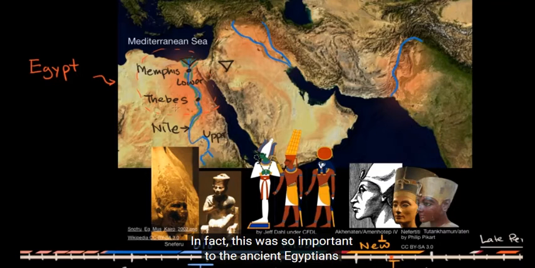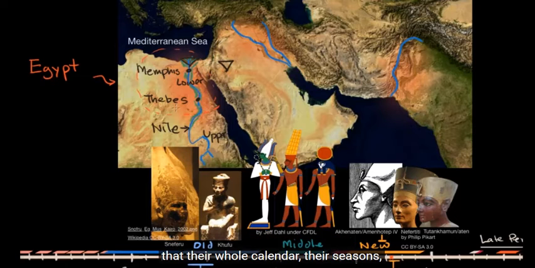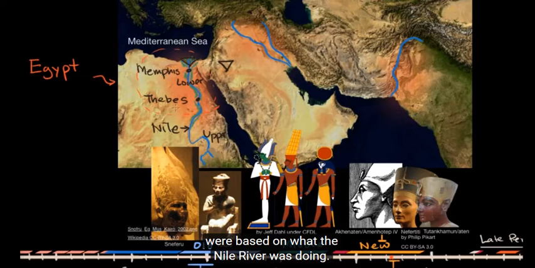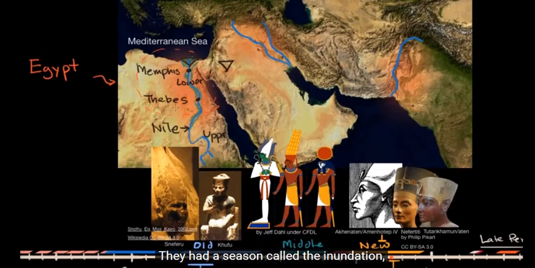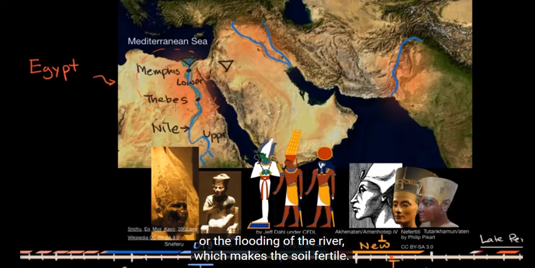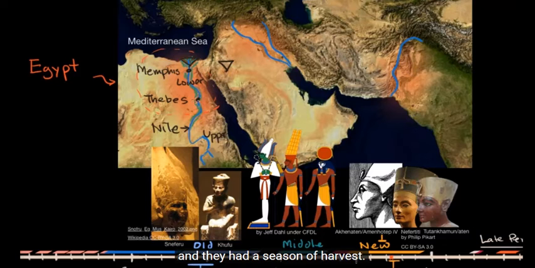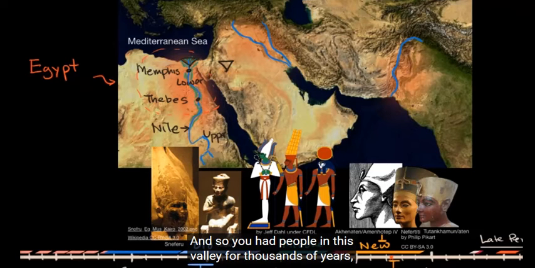In fact, this was so important to the ancient Egyptians that their whole calendar, their seasons, were based on what the Nile River was doing. They had a season called the inundation, or the flooding of the river, which makes the soil fertile. They had a season of growth, which is now talking about the growth of the crops, and they had a season of harvest. And so you had people in this valley for thousands of years.